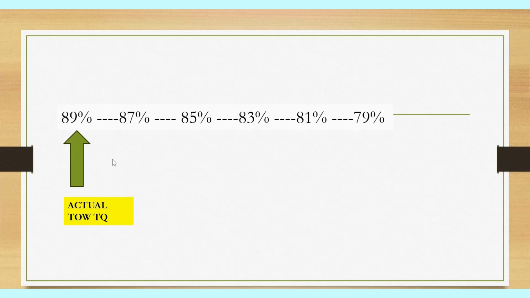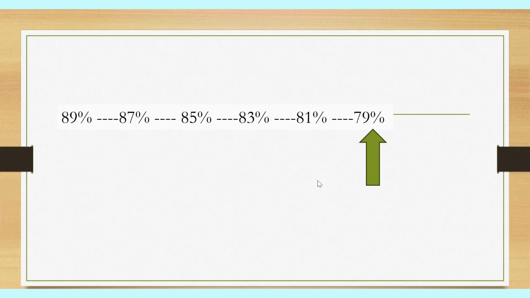Your first push will be 87%, 89 minus 2. Your second push will be 85. Your third push will be 83. Your fourth push will be 81. And your last push will be 79. So you can always go up to 5 times. That's your limit. The maximum reduction is 10, and you clearly see that you can go all the way there.